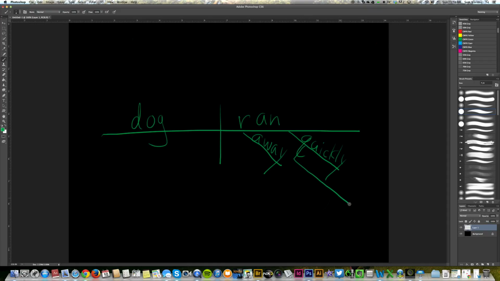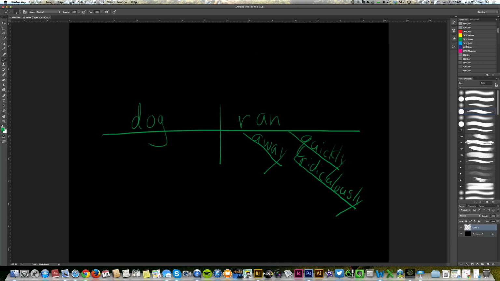We don't hang ridiculously off of ran because he didn't run ridiculously. He ran ridiculously quickly. If he ran ridiculously, he'd probably be doing some silly run. But what was ridiculous is how quickly he ran. So we hang that off of here. Ridiculously. Okay, so we've got ran away quickly, ridiculously.